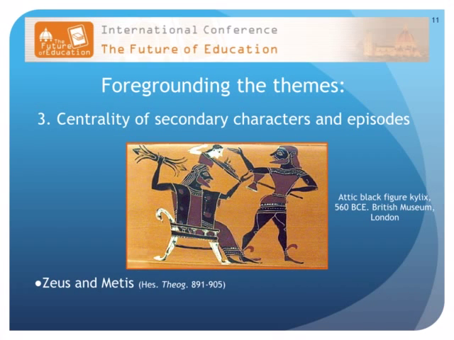Let's move on to the third theme in question, the centrality of secondary characters and episodes. I had the students read a poem that focused on the ascent to power of Zeus. There's a little detail about the whole story that is seemingly unimportant, but it's essential to our understanding of the whole myth.